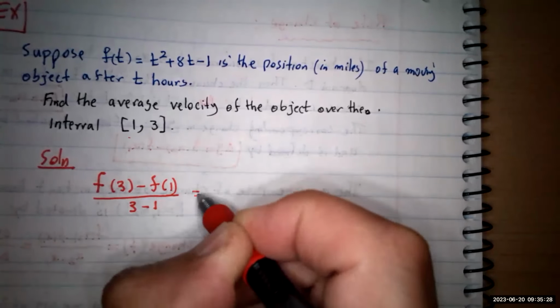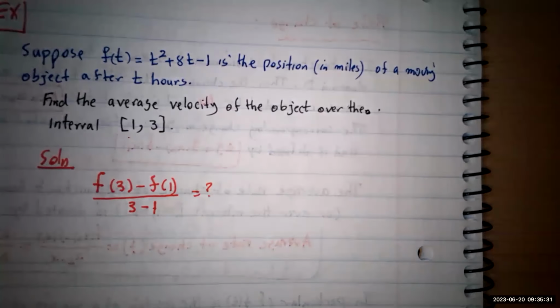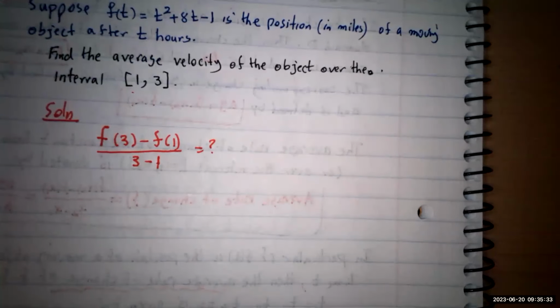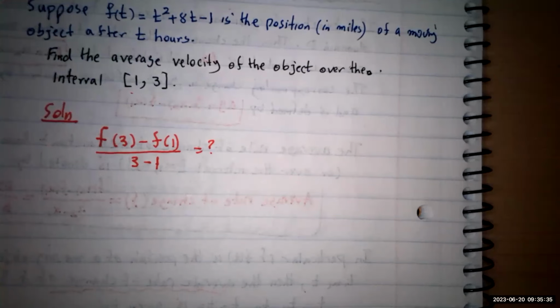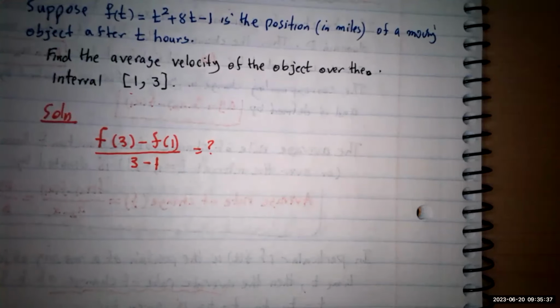This is what you have to find, to get the average velocity. Go to the function, substitute, find f of 3, f of 1. I'll do it separately. Find f of 3, f of 1, come back, substitute, simplify, give us the result, of course, with the unit, because it's a velocity.